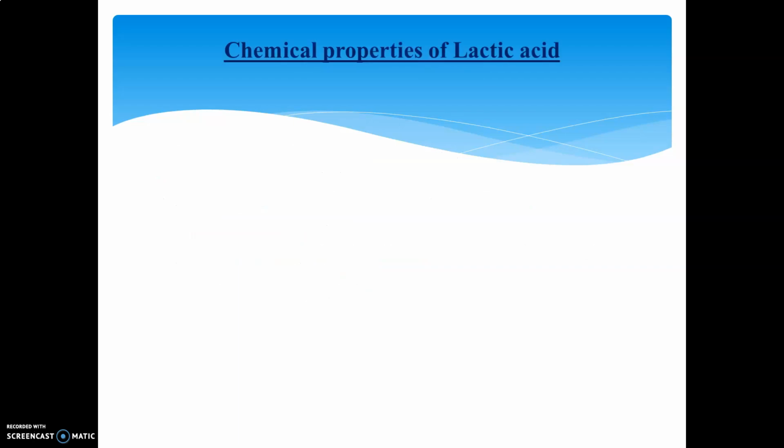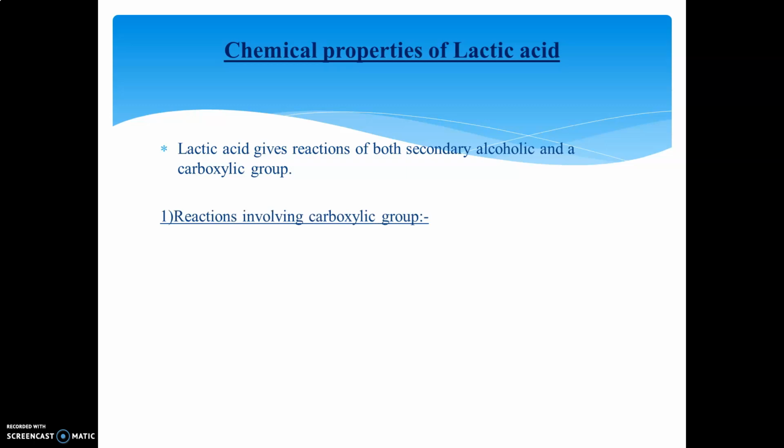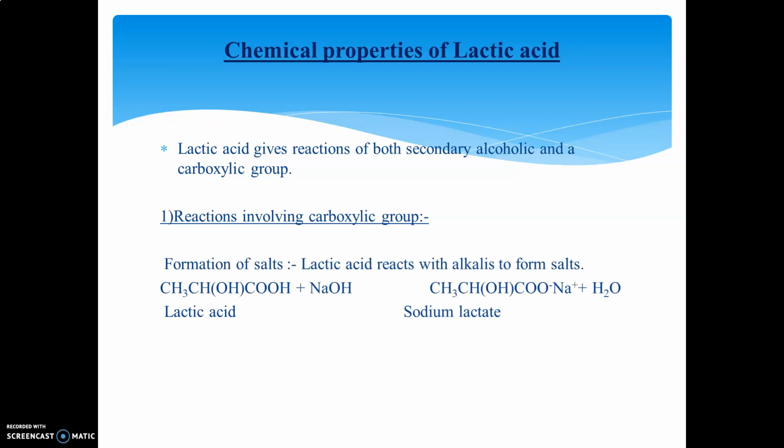Chemical properties of lactic acid. It gives reactions of both a secondary alcoholic and a carboxylic group. First is the reaction involving the carboxylic group. In that, formation of salts. Lactic acid reacts with alkalis to form salts.